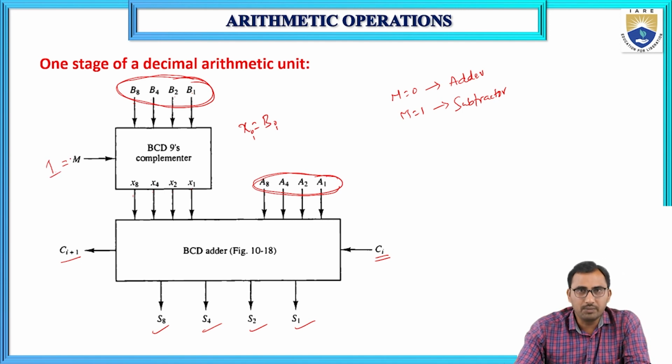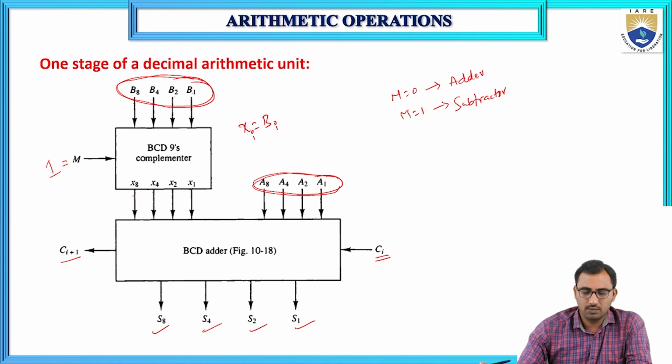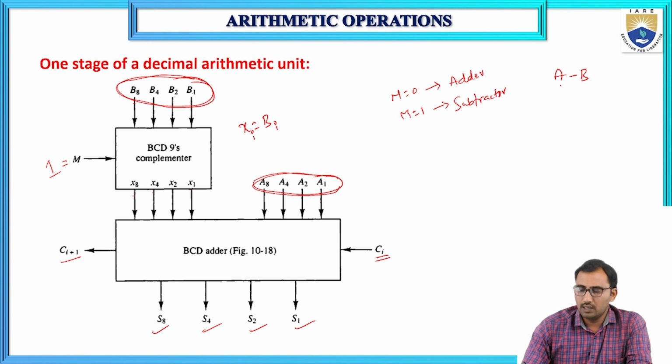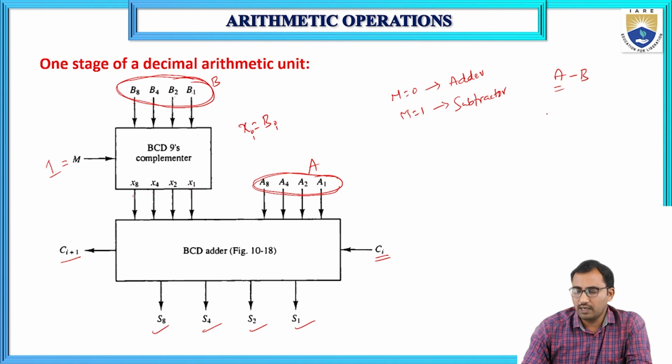So when m is equal to 1, the circuit acts as a BCD subtractor. How do we perform it? Suppose we are performing the subtraction A minus B. This is equivalent to A plus the complement of B plus 1.